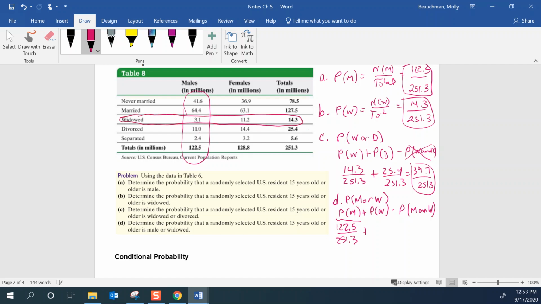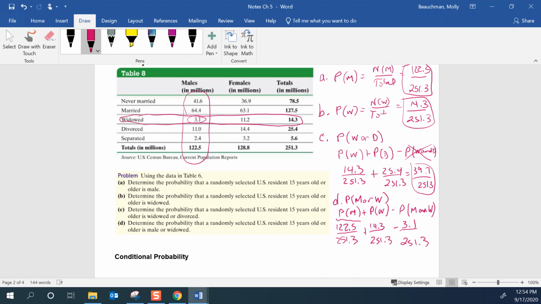So the probability of widowed is 14.3 over 251.3. Notice that we counted these 3.1 twice. That's why we have to subtract the probability of anyone that satisfies both conditions, because we've added them in both the row and the column. So we subtract out the 3.1 over 251.3.